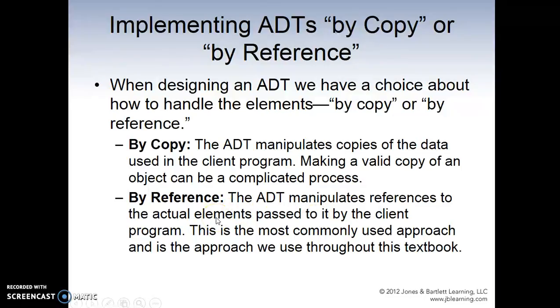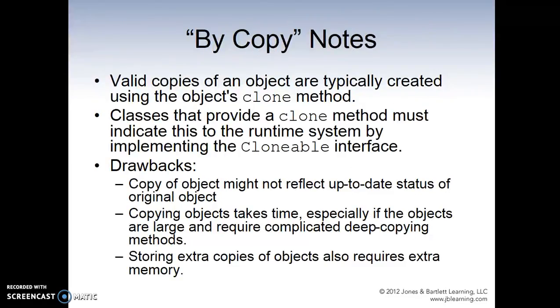So this is a very commonly used approach. Valid copies of an object are typically created using the object's clone method. Classes that provide a clone method must indicate this to the runtime system by implementing the Cloneable interface.